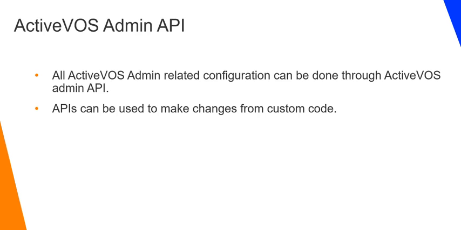The advantage of this is that this API is exposed and can be used in your custom code. So in case you want to make changes through your custom code and don't want to log into the ActiveVOS console to make all the relevant changes, you can do it by using this API as well.